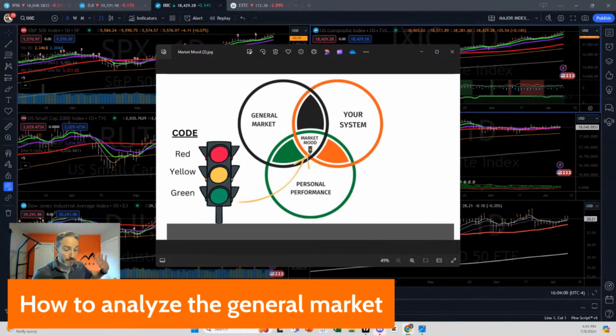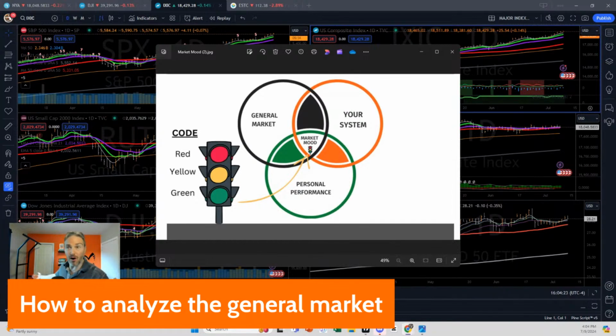But picture yourself as going to the grocery store, right? You're in the market for food. So you walk into the grocery store, how the shelves are stocked, if there's lots of stuff, if there's high quality stuff on the shelves, that's telling you something about the overall market environment.